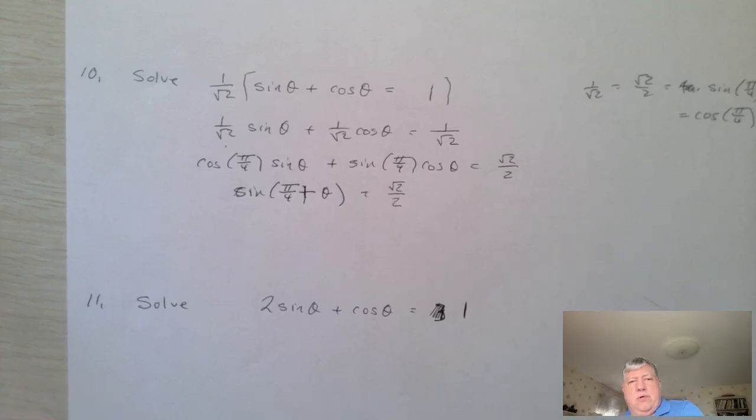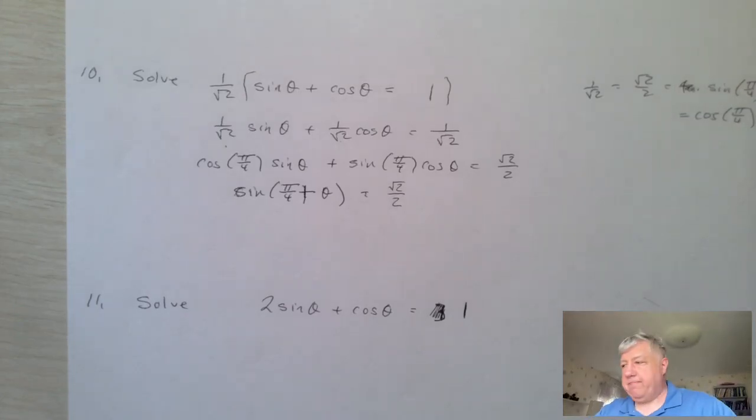All right, so even if we can't directly solve for theta, we can tell what theta plus pi over 4 is, which is almost as good, the next best thing.